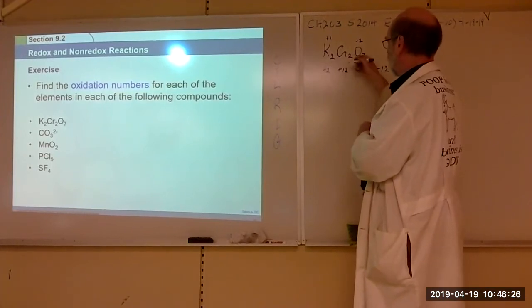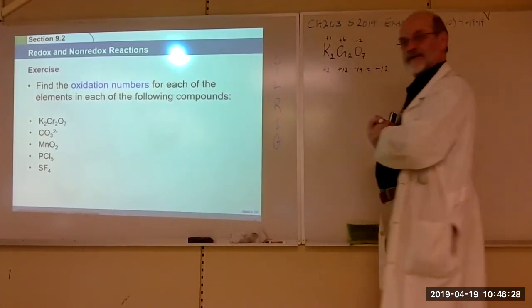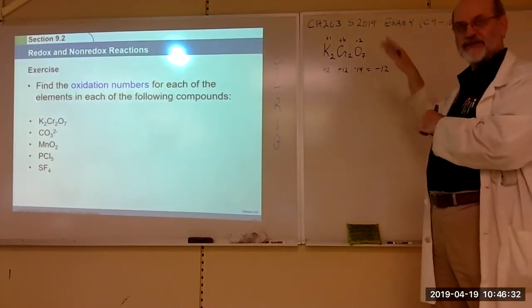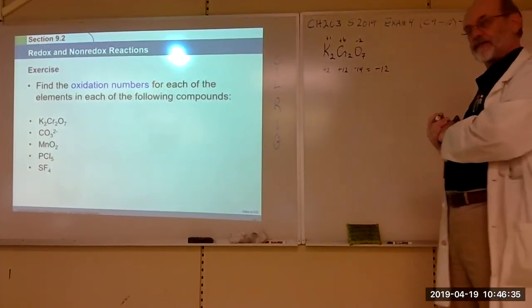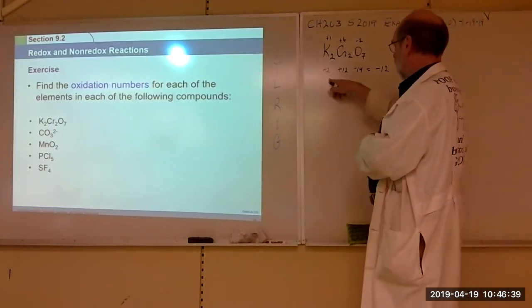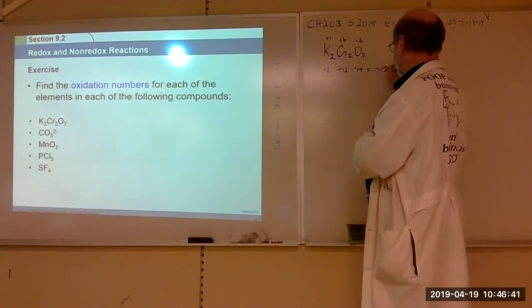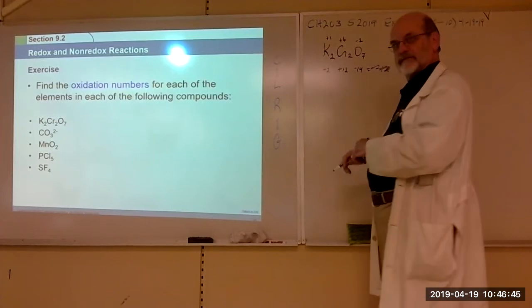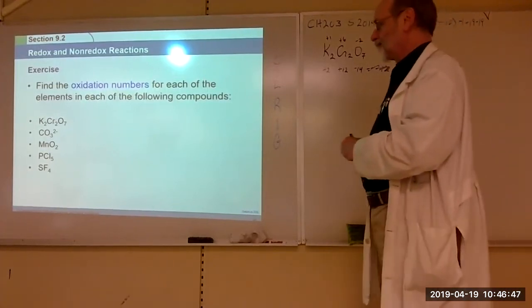And each one then is +6. So the oxidation number for chromium in this molecule is +6. Okay. And you can check yourself. Just add them up. -14 and +14 is 0. So we're good. How about this one?